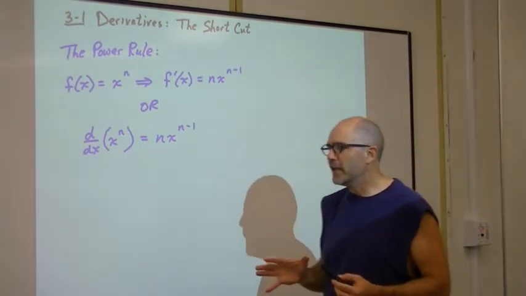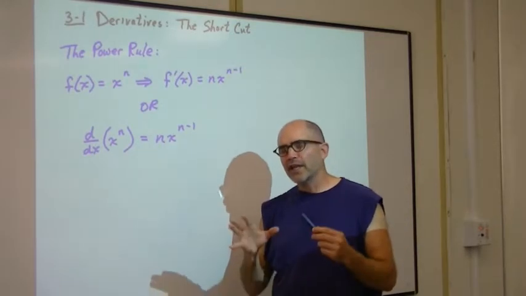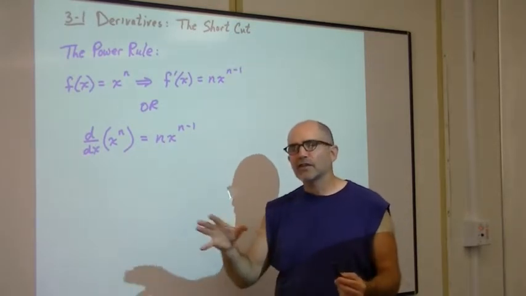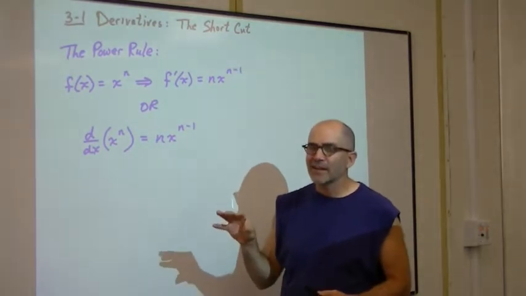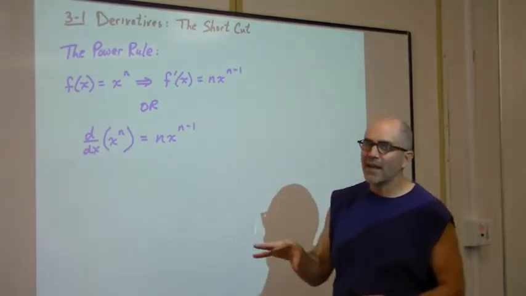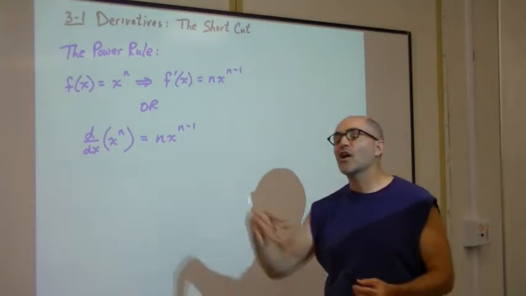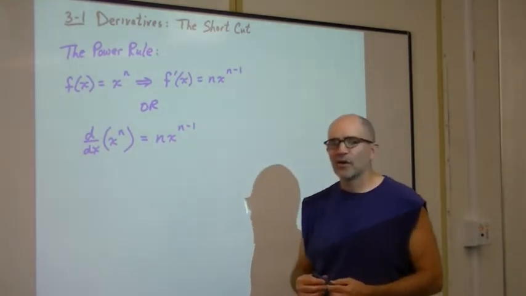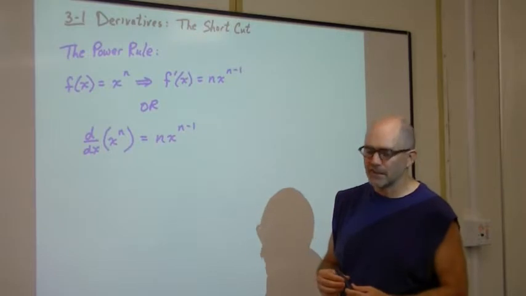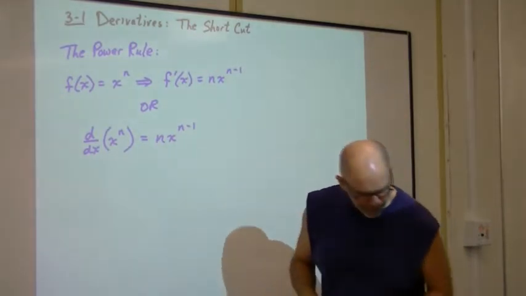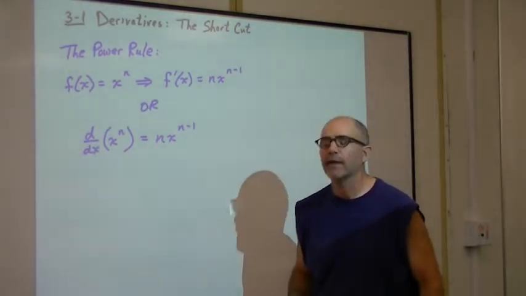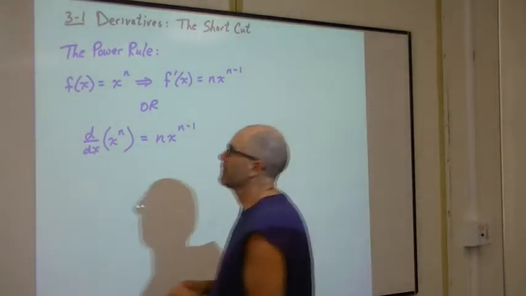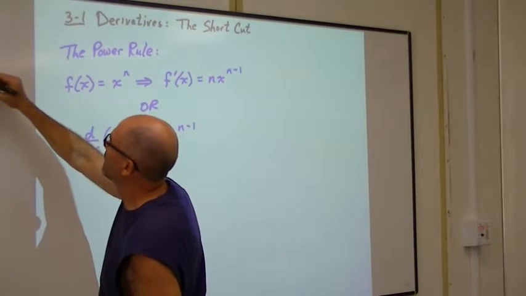Now, like all things in calculus, we learn the hard way and then all of a sudden we find out there's an easy way. But then we find out that since we know an easier way, now we can complicate things some more. So be ready for that. Be ready for complication. Yes. Okay. Last thing.